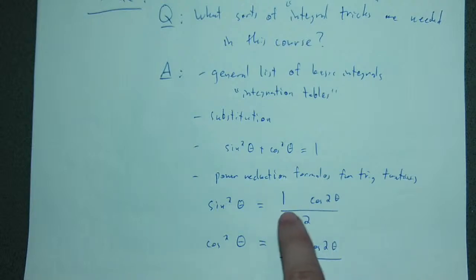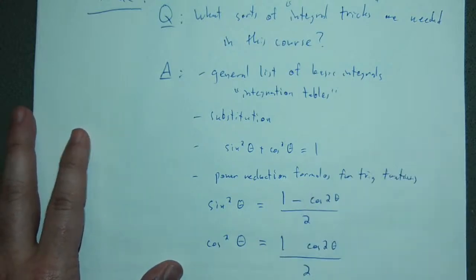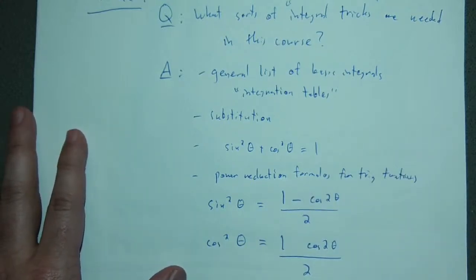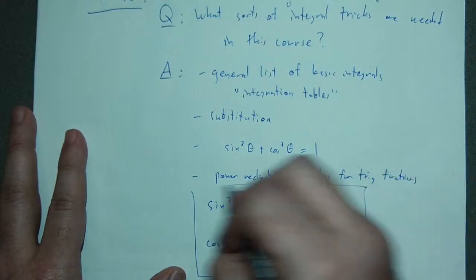So I get 1 blank 1 over 2. I need that to be 0, so that needs to be a minus. Similarly, cosine of 0 is 1, so cosine squared of 0 is 1 squared, so it's just 1. So this needs to be a 1. I would have 1 blank 1 over 2. Well, that's only 1 when that's a plus. So that's an easy way to remember these formulas.